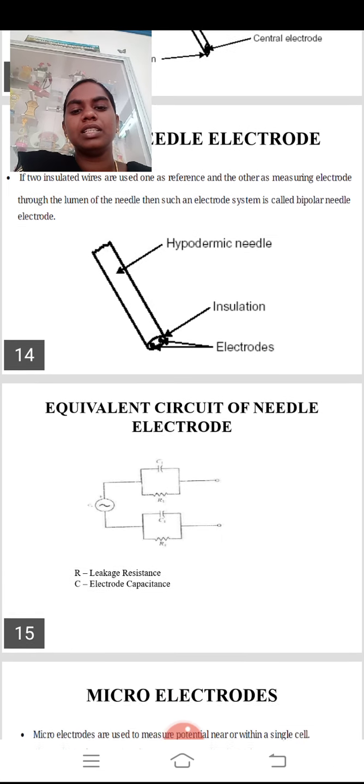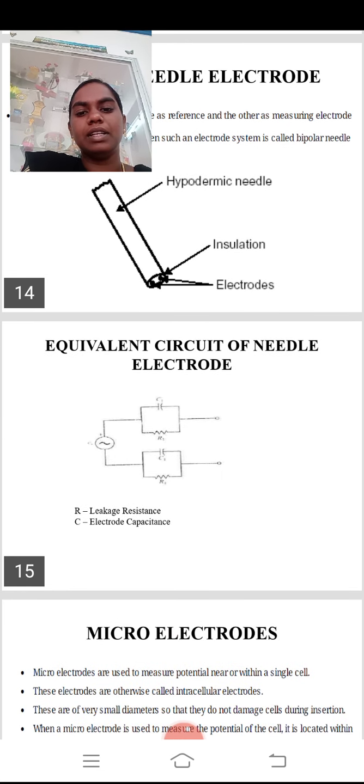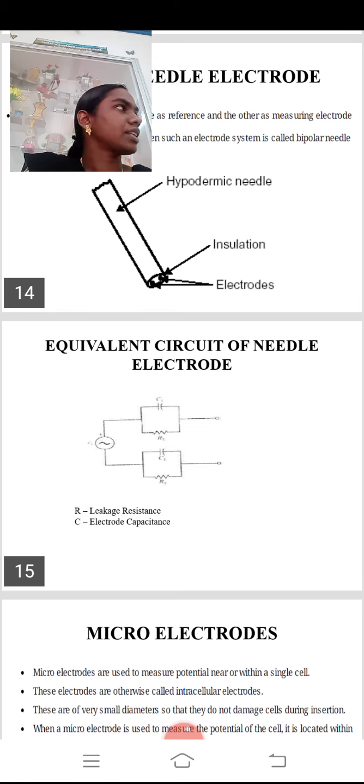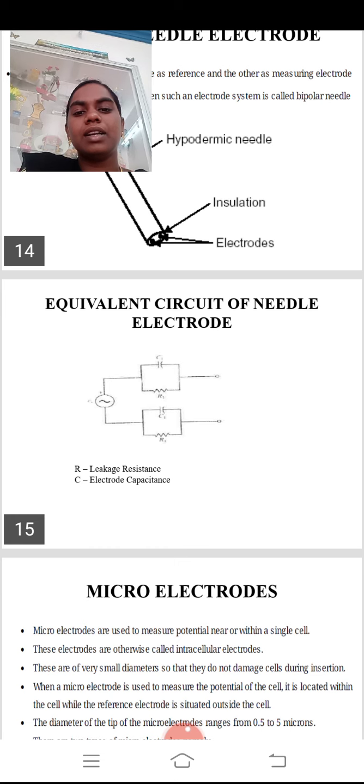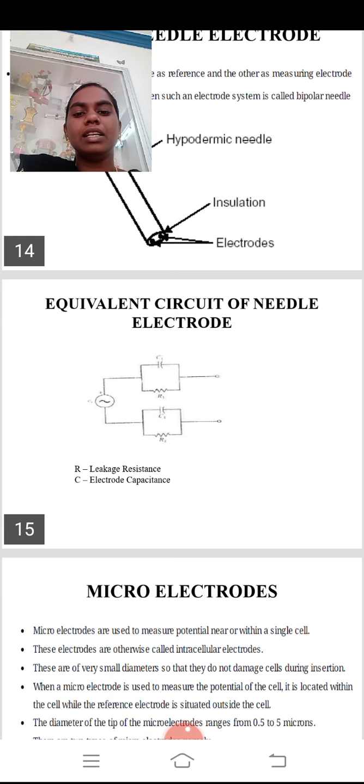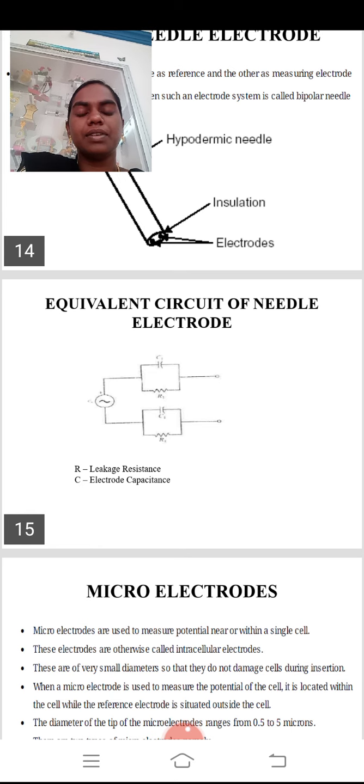Then next is the equivalent circuit of a needle electrode. This is the equivalent circuit of the needle electrode. Here, if we are taking it as bipolar, it means in the upper part we have a two electrode system. One is for reference, another one is for measurement. So the equivalent circuit will be divided into two parts, one for reference and another for our measuring purpose.